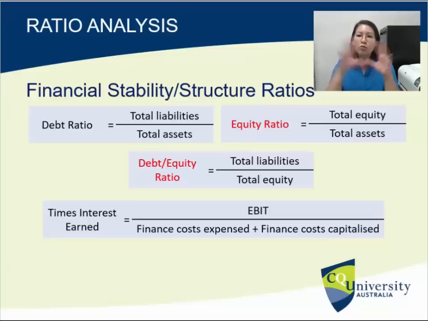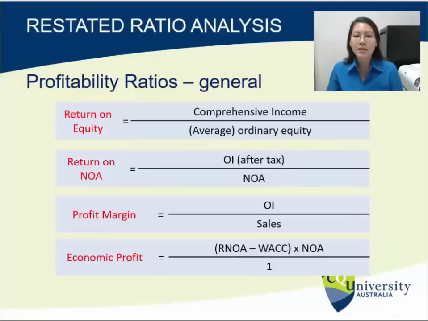So that's our general ratios. Now I'll just cover our restated ratios. There's only 6 of them, 6 restated ratios. And again, they're pretty much the same concept to what we've covered already. And in your assignments, I expect you to compare one with the other, because that's the whole point of restating.